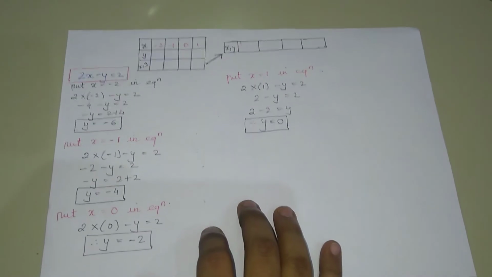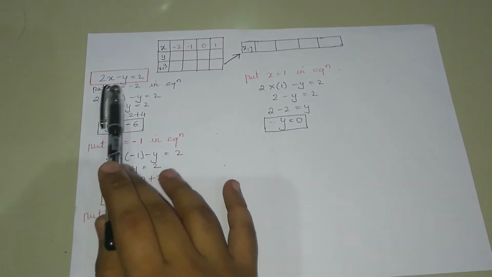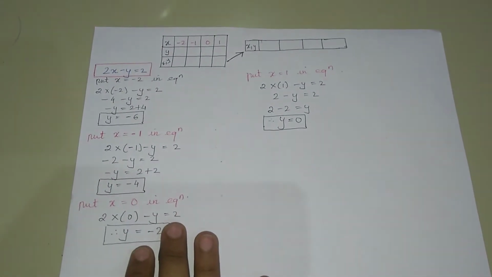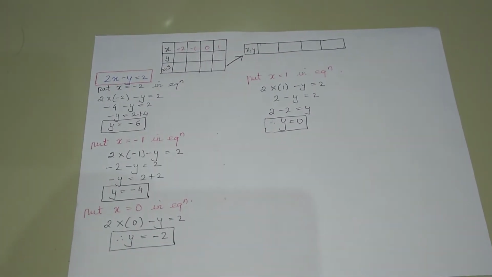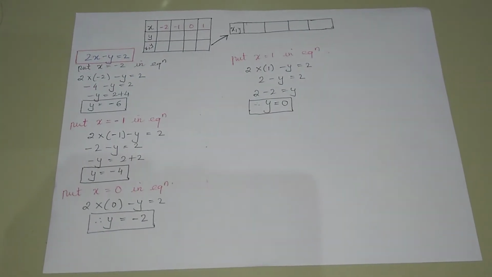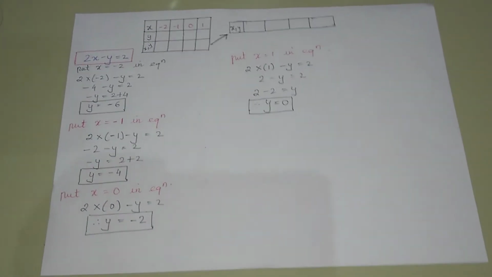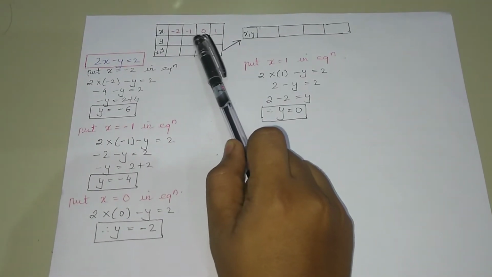Here is the question: the equation 2x minus y equal to 2. We have to find four ordered pairs for this. We will randomly take a few values. There is a standard set we can write, that is x equals -2, -1, 0, 1.